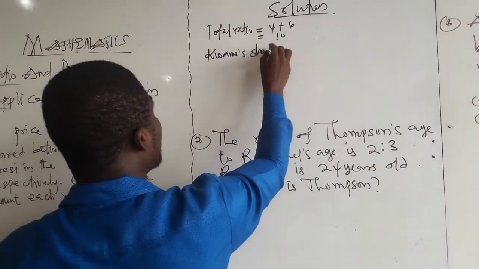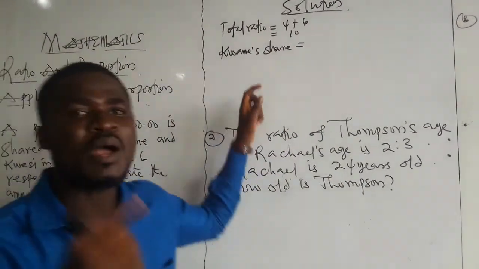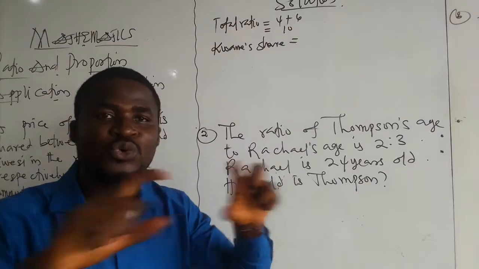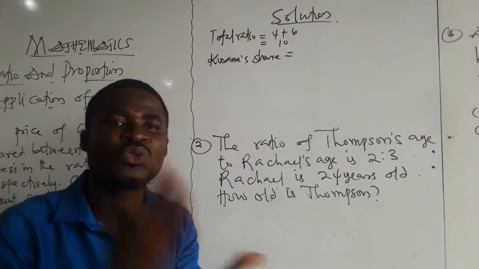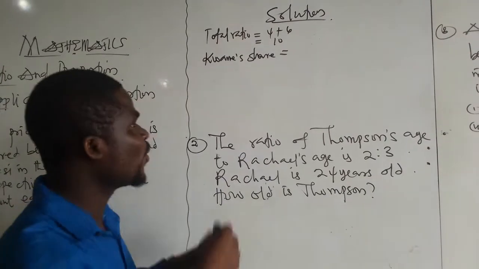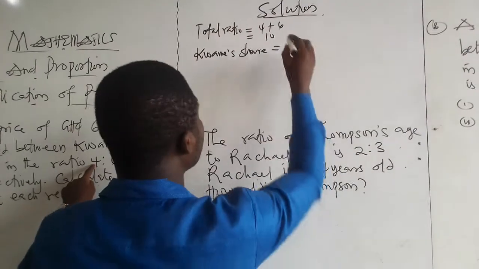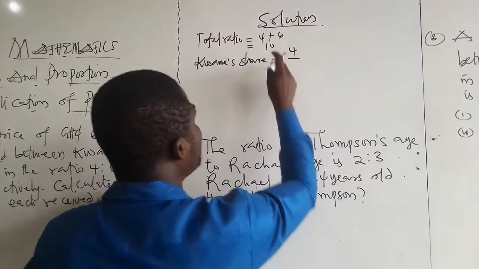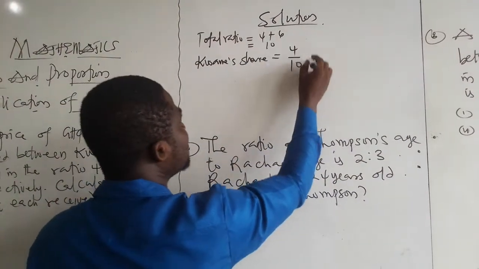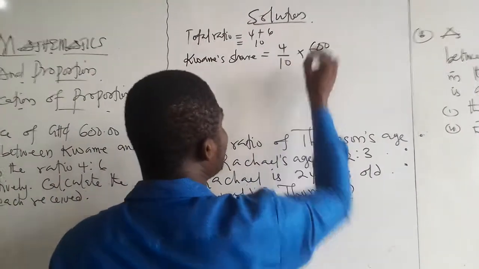Kwame's share will be Kwame's ratio over total ratio times the total amount shared. So take note. Kwame's ratio here is 4 over the total ratio, that's 10, times the total amount shared, that's 600 Ghana cedis.